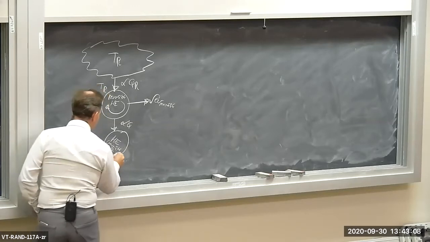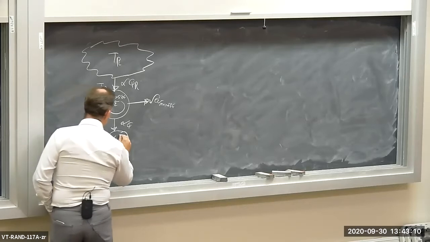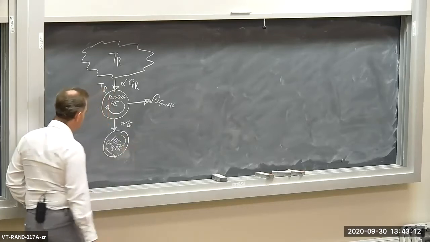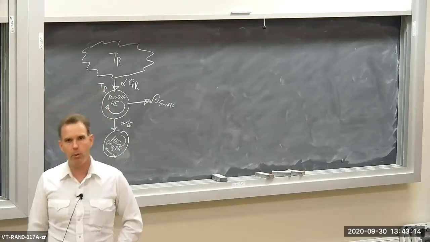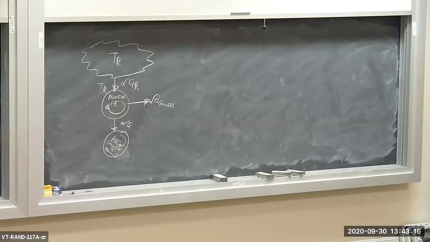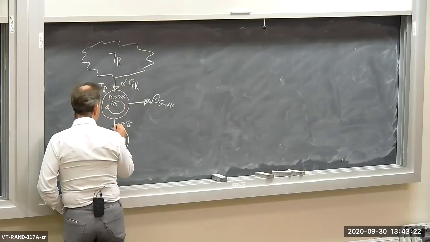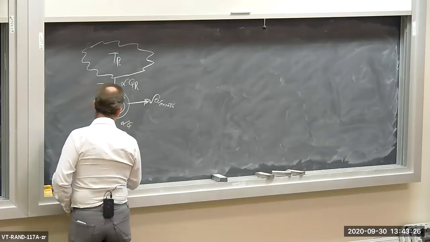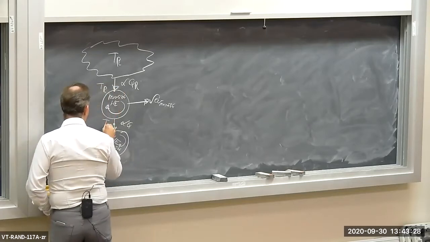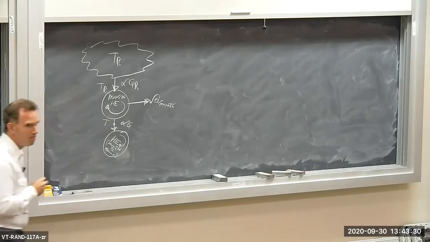I know you can't see that, but just write it down in your notes. So this is a heat engine which may or may not be reversible. It could be irreversible. Of course, this one is receiving a certain amount of heat. I'm going to stick a thermometer right there and call that temperature T. Okay?